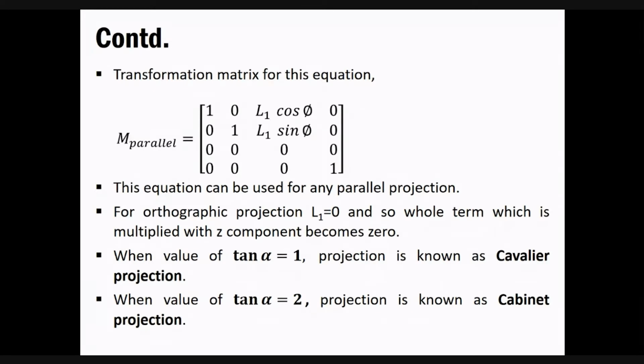The direction of projection makes an angle of 45 degrees in Cavalier projection, and it makes an angle of about 63.4 degrees for the cabinet projection. As you can imagine, if you have different angles, then the view you get would be totally different, if you simply consider a cube. That is the basic concept of oblique parallel projection.